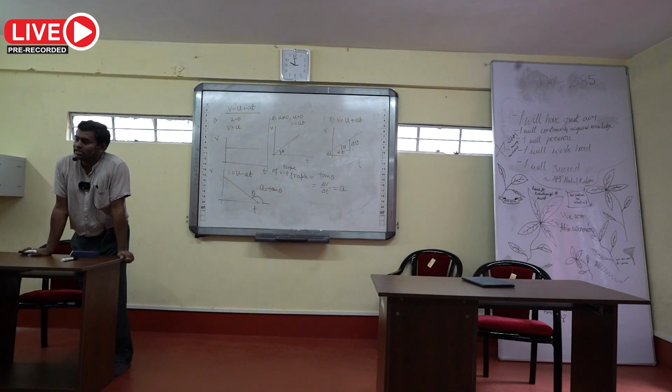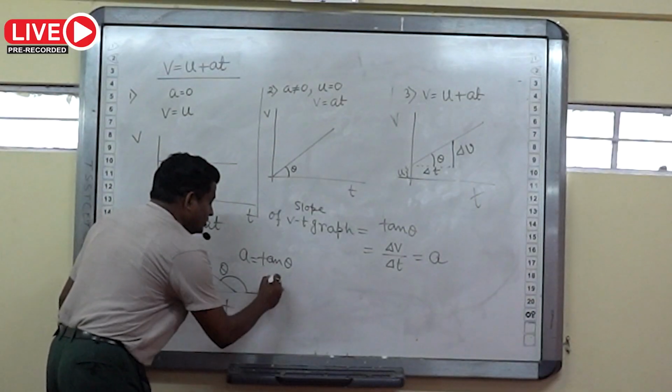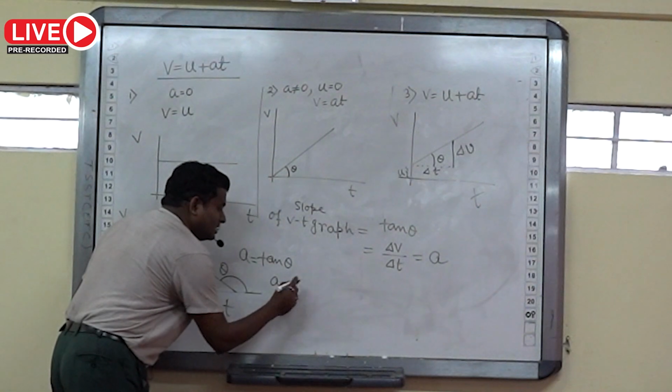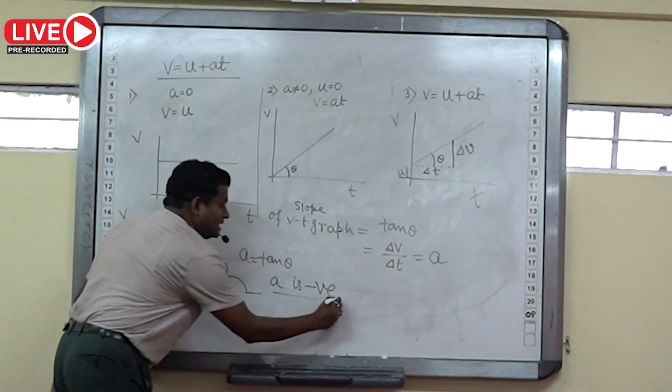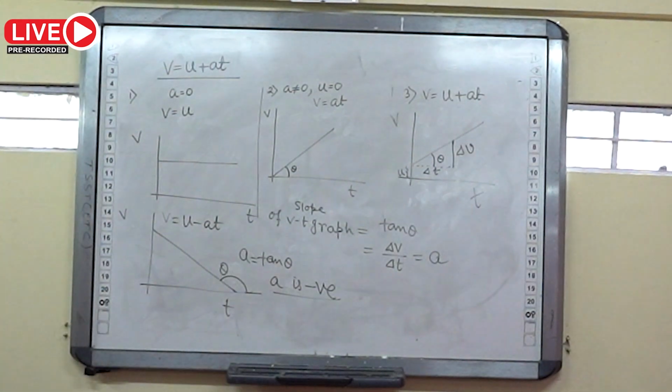Only sine is positive, so tan will become negative. So this will give you a is negative. A negative means negative acceleration. Negative acceleration is called retardation. So this is the retardation.